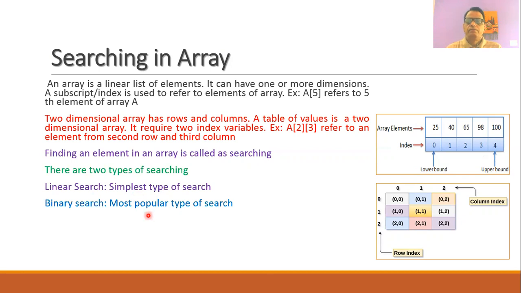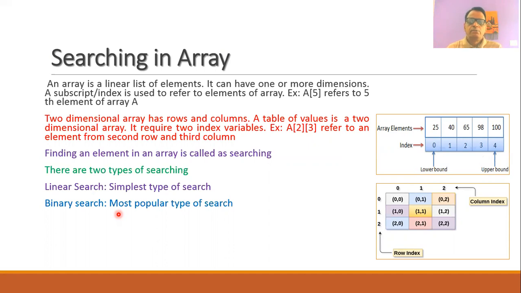Another popular method used for searching an element is called binary search. In binary search, we divide the list of elements of the array into two sections, and then we search either the first section or the second section.